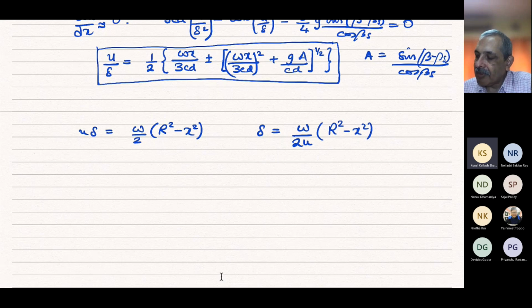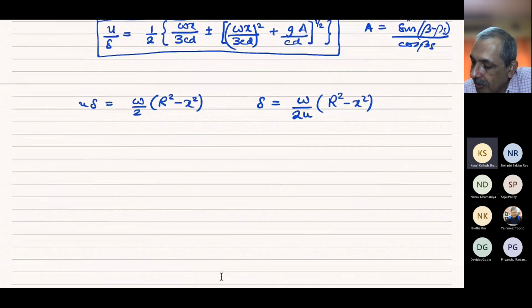Now if you substitute for delta in there, you will get an expression for u, and then you can get an expression for delta also.